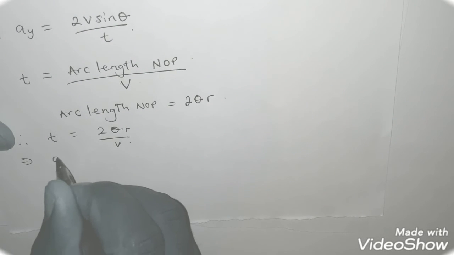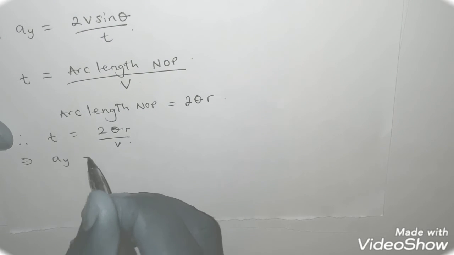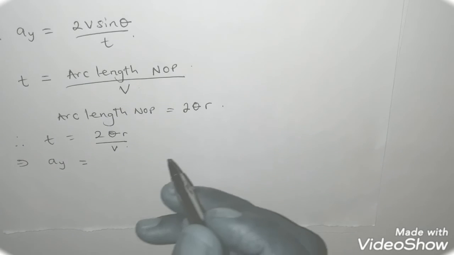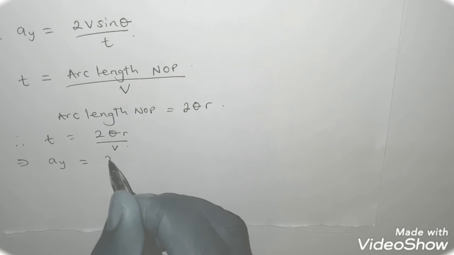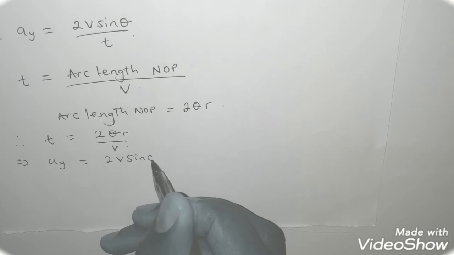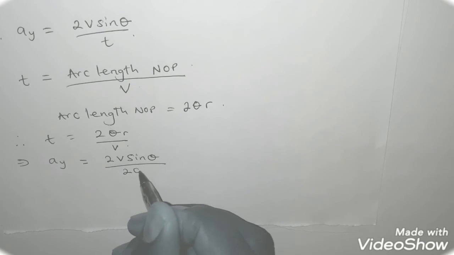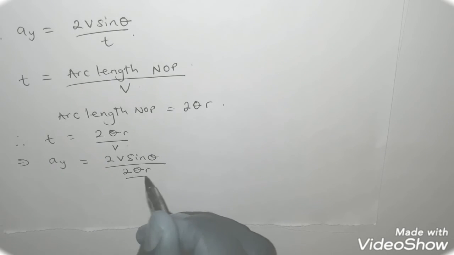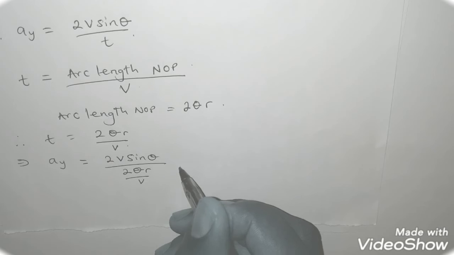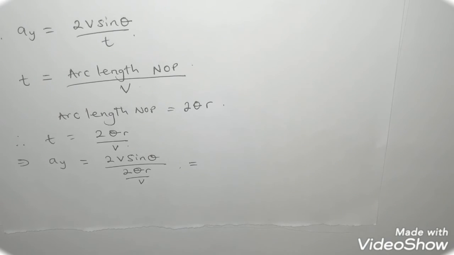This implies that our vertical acceleration is equal to 2v sine theta divided by the time, which is 2 theta r over v.